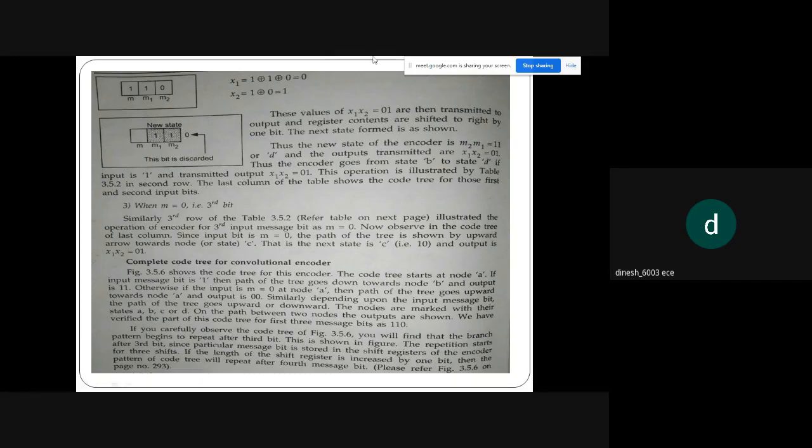After completing all these three steps, we are going to see what is the value of M1 and M2 that we are getting. M1 and M2 is 1 1, which is D. Similarly, when we go for the third bit, sending M equal to 0, we see that the value of M2 and M1 is 1 0.